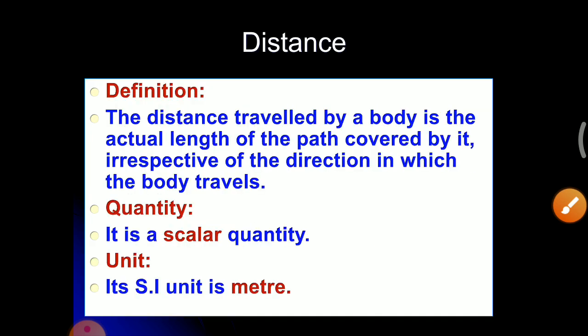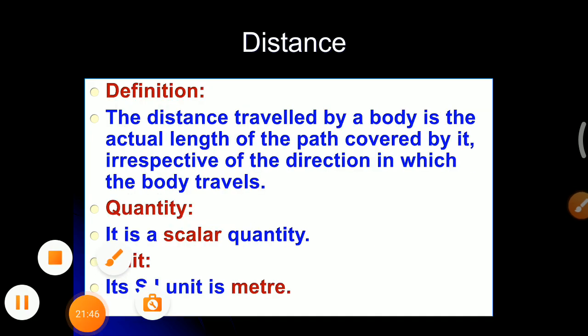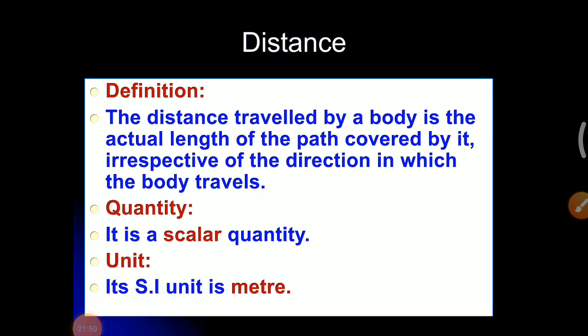So from this we can state the definition of distance. The distance traveled by a body is the actual length of the path covered by it, irrespective of the direction in which the body travels. It is a scalar quantity. Why? It contains only the magnitude.